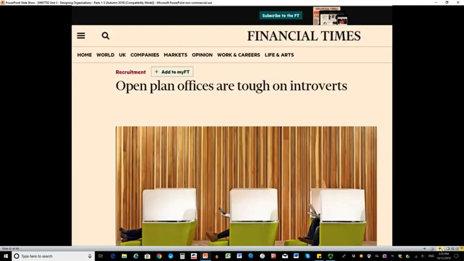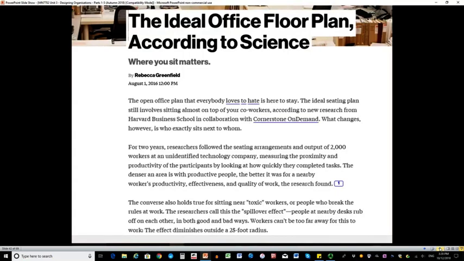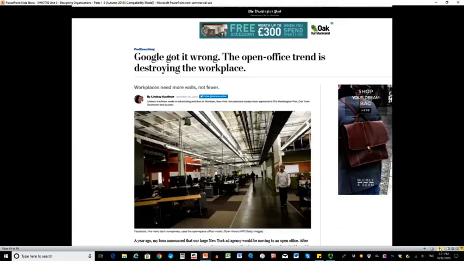Another article which is interesting, I think it's in the Financial Times, again saying how introverts find this a difficult thing. And so there's a number of different articles that you might want to follow up where you can see that there are implications of the way that we organise and through workspace design.